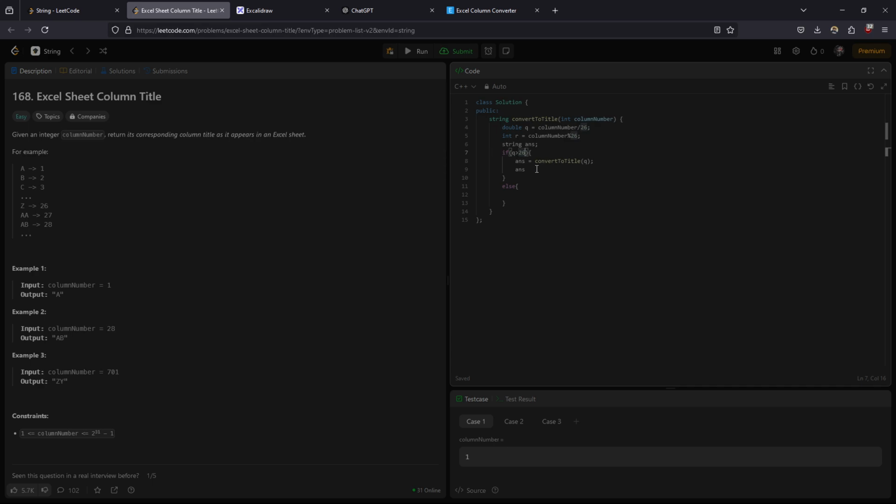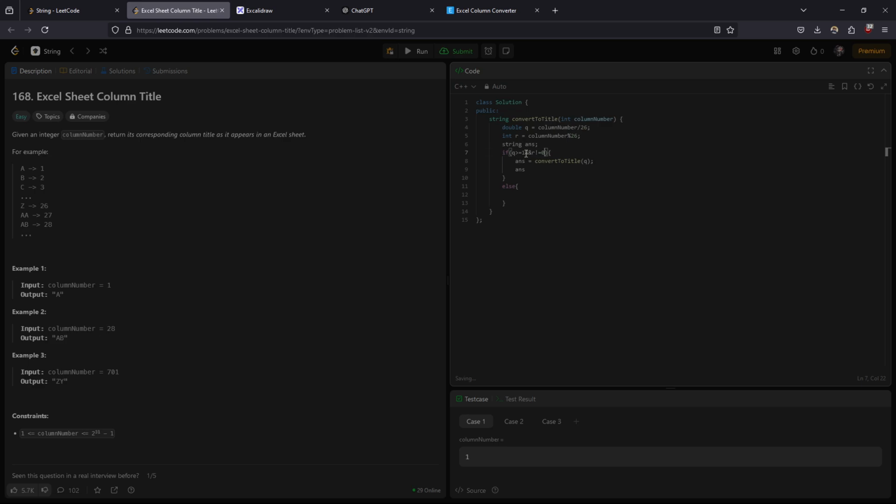So instead of using this, what we need is if the quotient is greater than 0. If the quotient is greater than or equal to 1 and the remainder is not equal to 0.